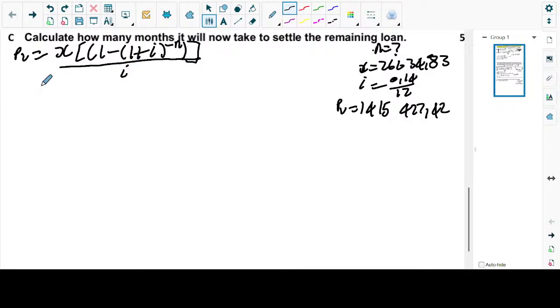Now we're going to substitute into this formula before we play around with it.